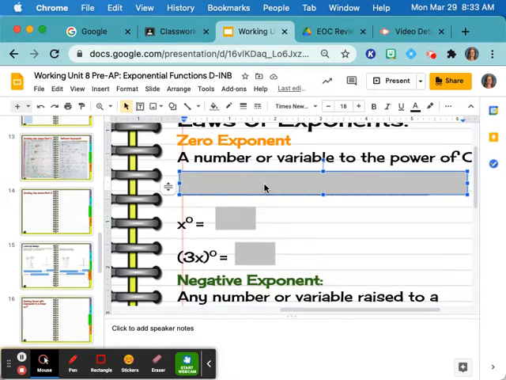I guess we didn't talk about this one. The 0 exponent is like if I have a 5 to the 0 power. 5 to the first power is 5, right? What's the coefficient of any number? It'd be 1. So anything to a 0 power equals 1.